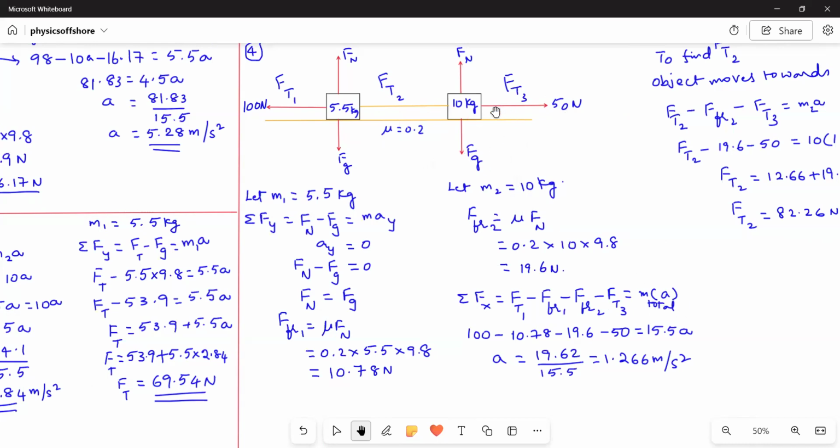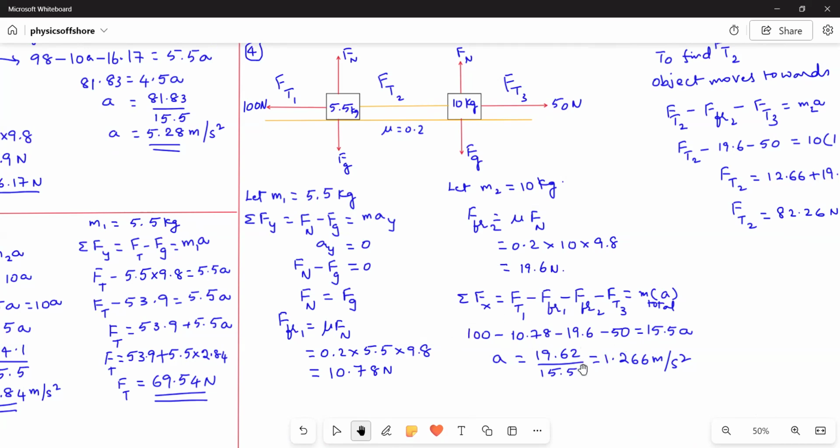Because the object moves left side. Because this is 100 newtons and this is 50 newtons, obviously the object moves towards left. Therefore, friction and the F tension 3 must be subtracted from the F tension 1. Therefore, 100 minus F friction 1 is 10.78 and F friction 2 is 19.6, and then F tension 3 is 50 newtons.